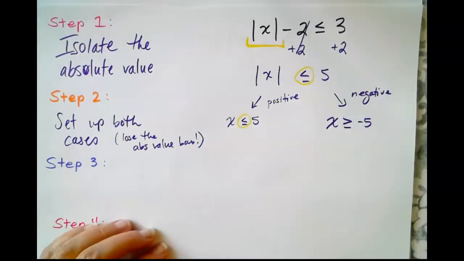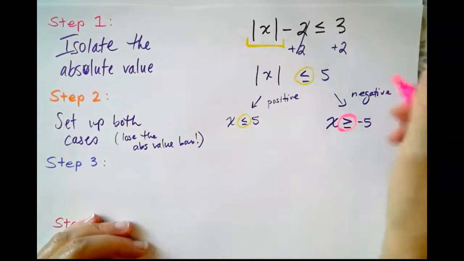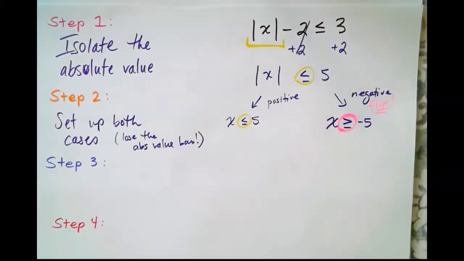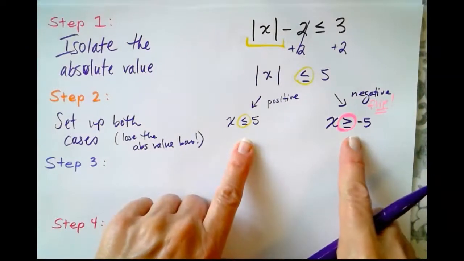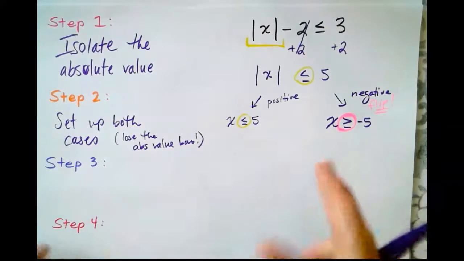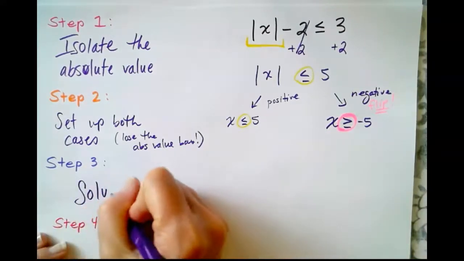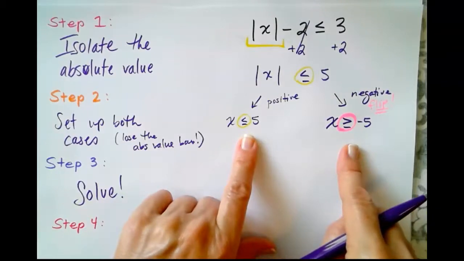And when we look at the negative case, we do flip the sign. Flip, okay? So write yourself a note so you can keep up with these details. So that's step 2. Set up both cases and lose the absolute value bars. Step 3 is to solve, which this is a very simple one, so it's actually already solved for us.